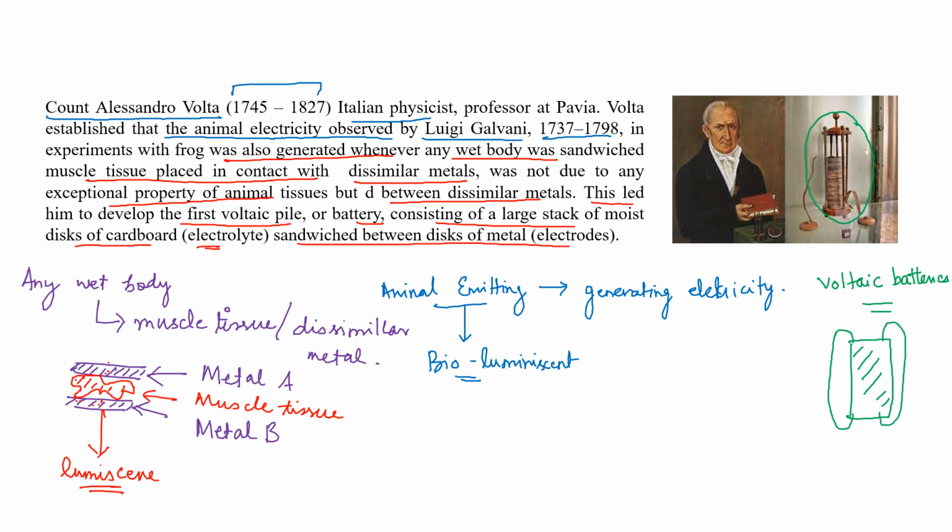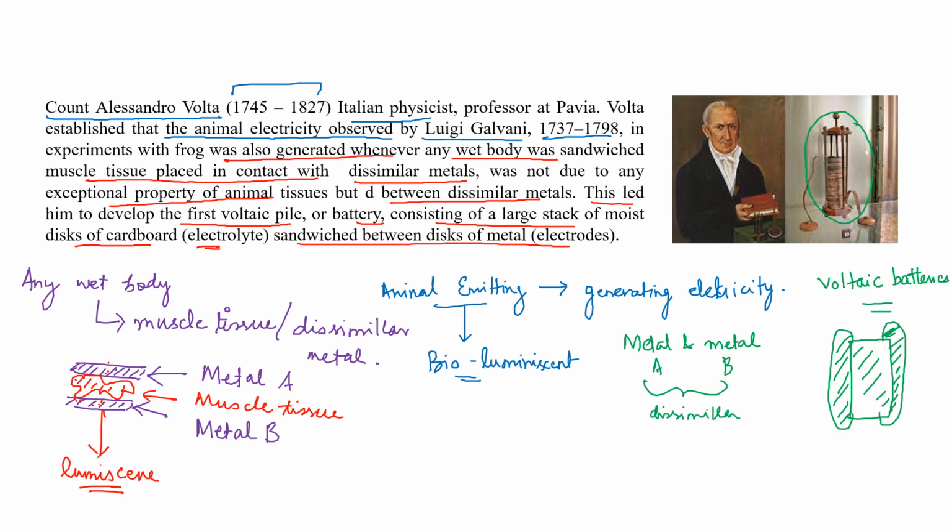Over here we placed metal 1. It can be aluminium, copper, zinc, and on the other side we have placed another metal. Again it can be aluminium, copper, zinc, anything, but these two metals were different. Metal A and metal B are dissimilar.